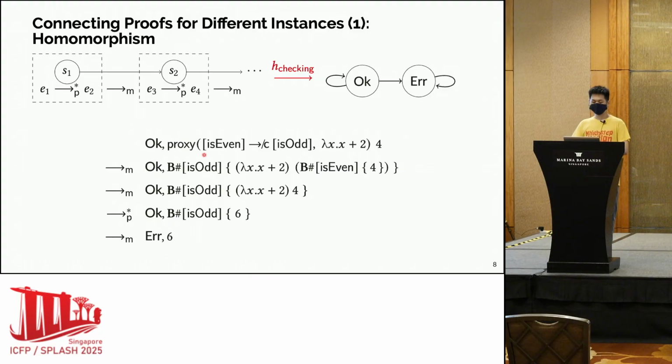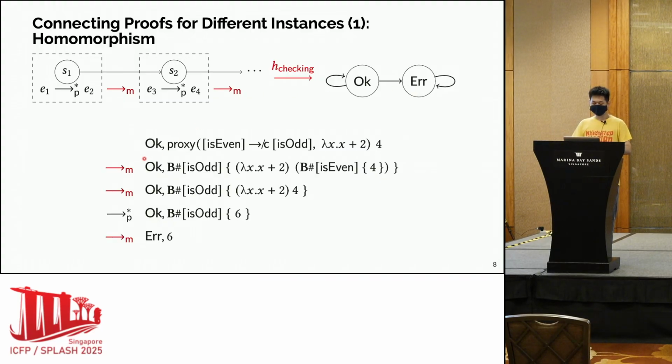Now, if I just view this operational semantics very abstractly as a transition system, then I can get the diagram at the left. And the diagram on the right is a very simple transition system where it only has two states, OK and error. And it could only ever transit from OK to error, but not go back from error to OK.